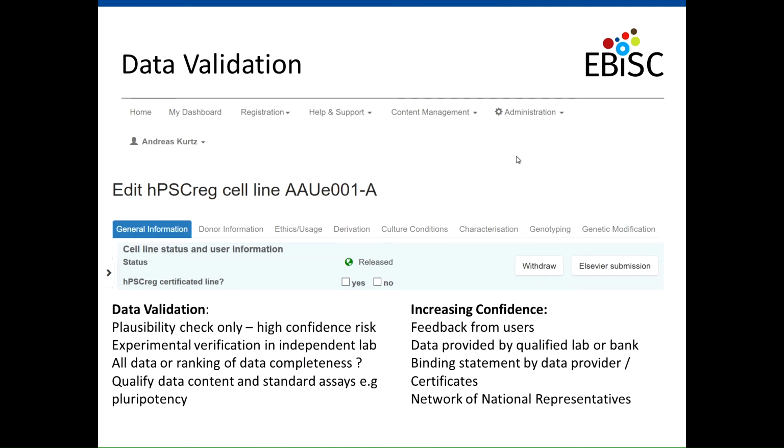We need to validate these minimal information data, and then once it's validated, you get this released button in green, and then everybody can see the line. And this is, at the moment, a manual process and only a plausibility check. So there are some risks that the data are not correct, and some risks of confidence.